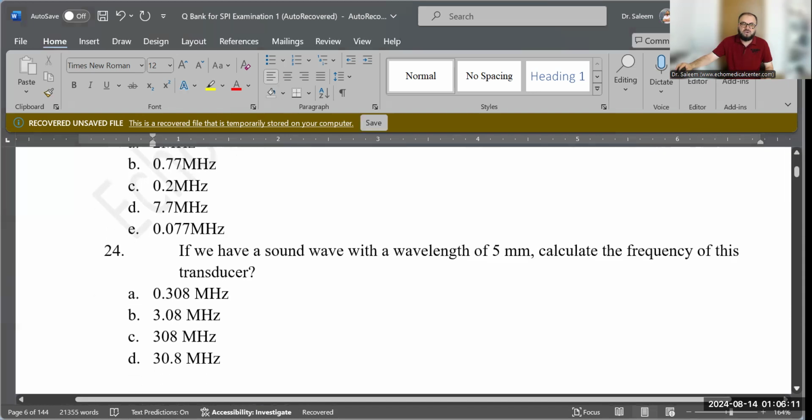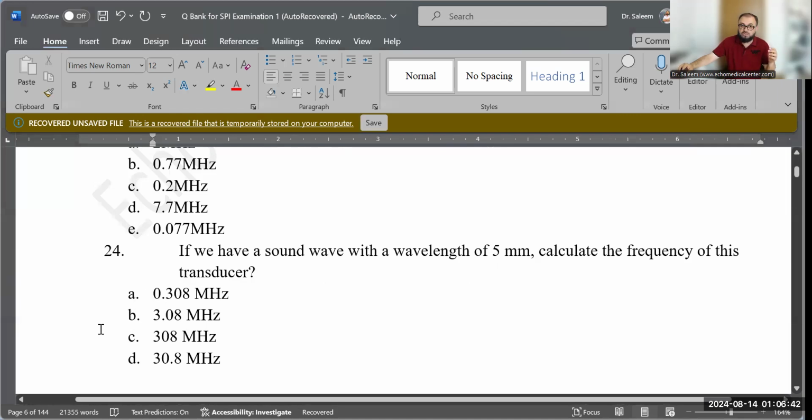Okay, the next question is saying, if we have a sound wave with a wavelength of 5 millimeter, calculate the frequency for the transducer. Now, same question like we had in question number 23. It's the same story. Frequency is equal to the propagation speed of the sound divided by the lambda or wavelength. Now, if we take 1.54 divided by 5, which is the wavelength, these are the answers.